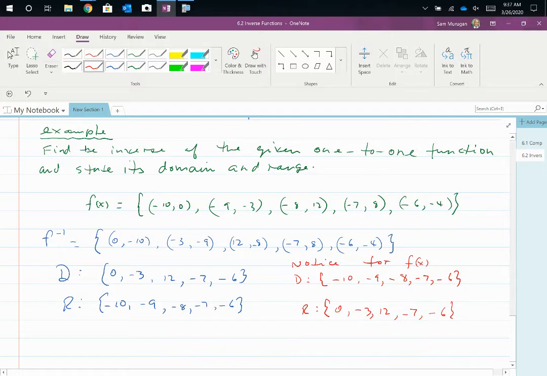So you can see what's happening here. The domain and range values are completely flipped around. I think I have something incorrect here. The domain is 0, negative 3, 12.